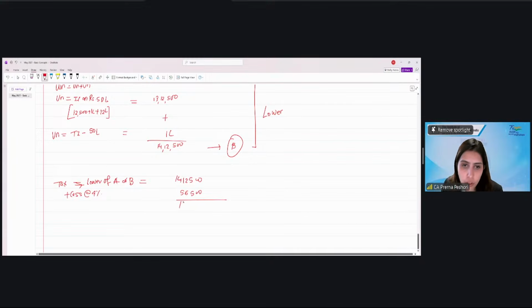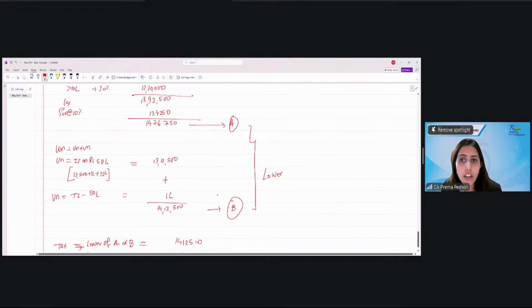So 14 lakh 69,000 is my final tax liability. So what is the marginal relief? Marginal relief is A minus B, which is 64,250. This is the relief that I have got.